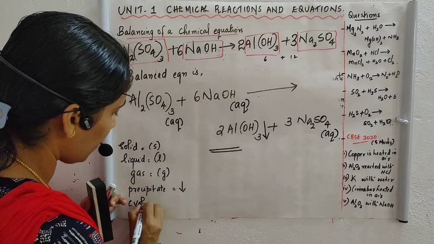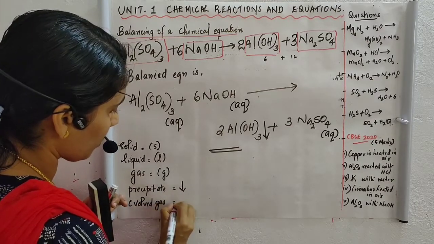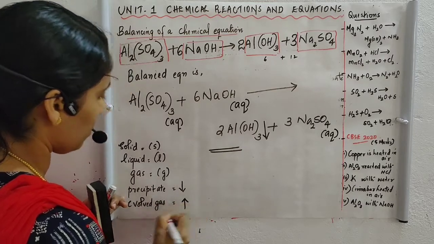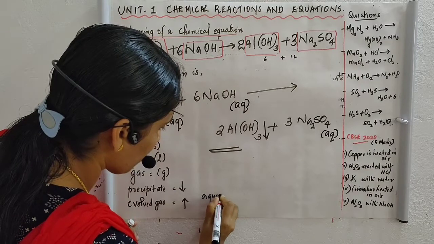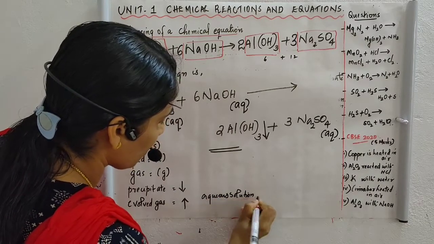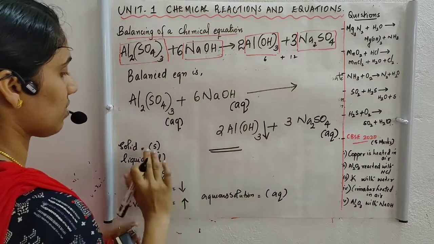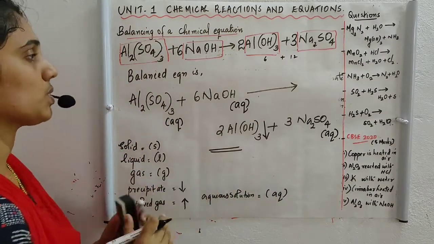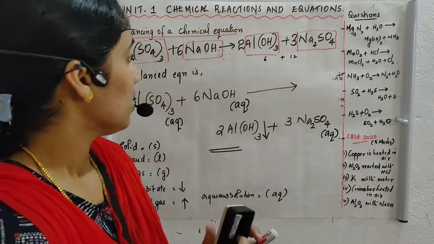When a gas is evolved, or evolved gases, we will represent with an upward arrow. Then aqueous solution means we will just represent the symbol AQ. So this way, when state symbols are also used, the equation becomes more informative.